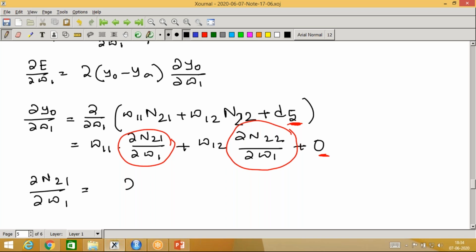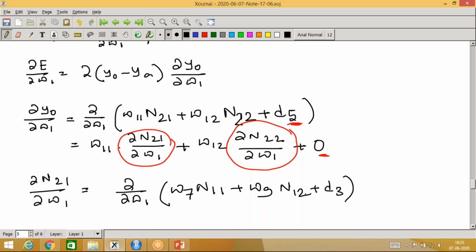What is N21? It is 1, 2, 3, 4, 5, 6, 7, and 9, if you remember. This is N21.